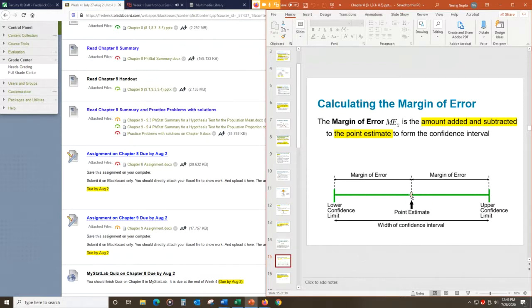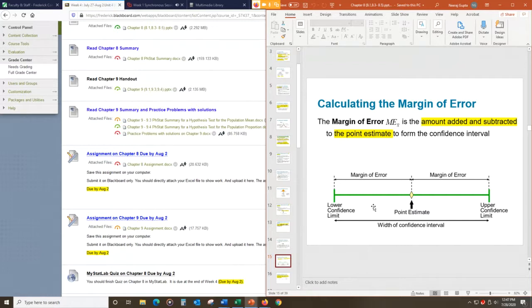That means the distance I move on either side of my point estimate is my margin of error. This margin of error depends upon my confidence level. If I have a 90% confidence level and a 95% confidence level, what do you think, will the margin of error be more for 90% or 95%?